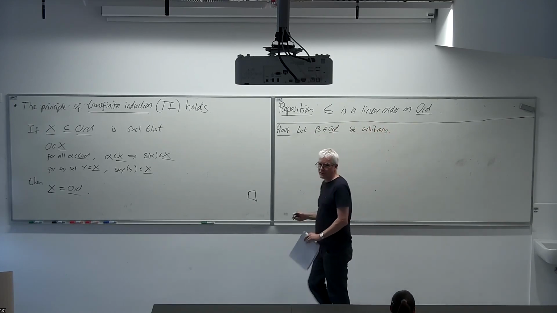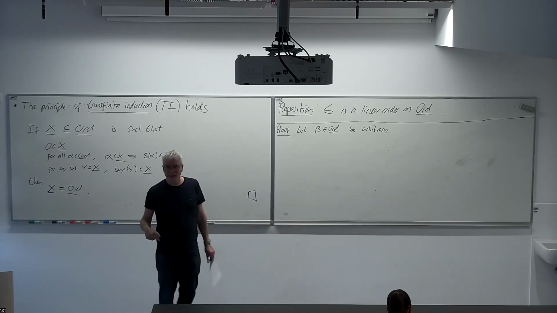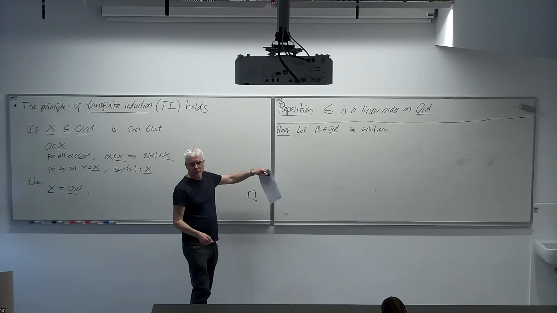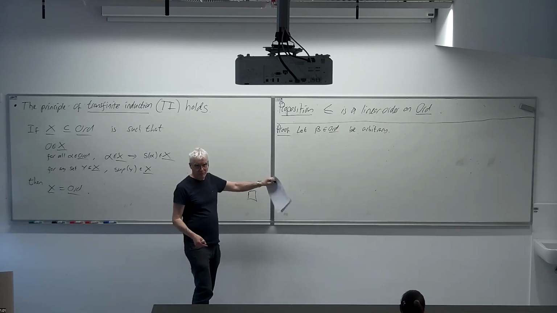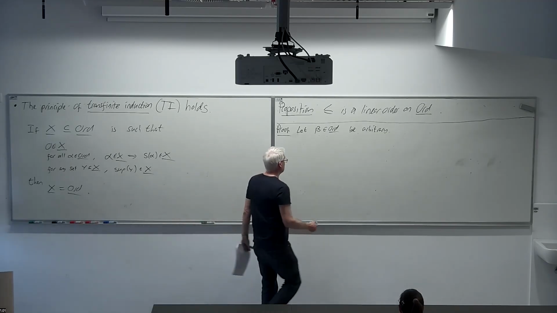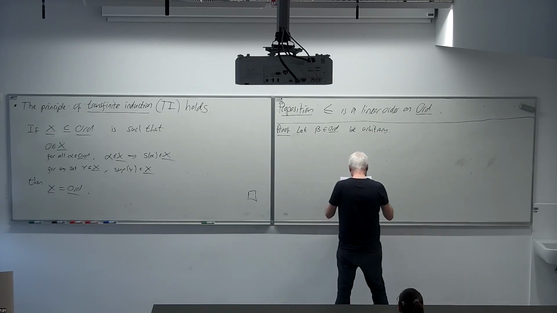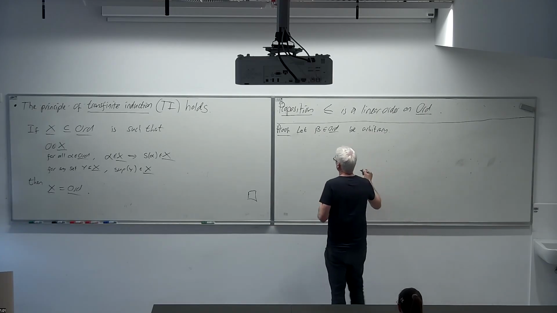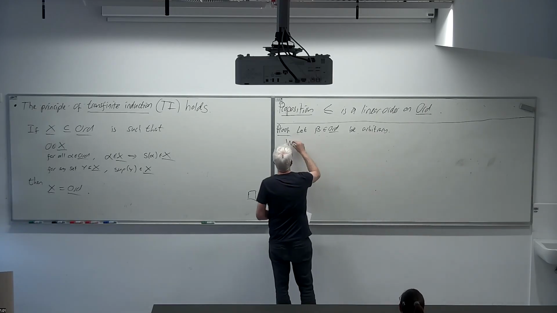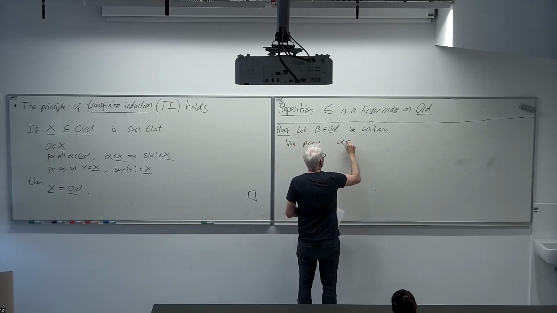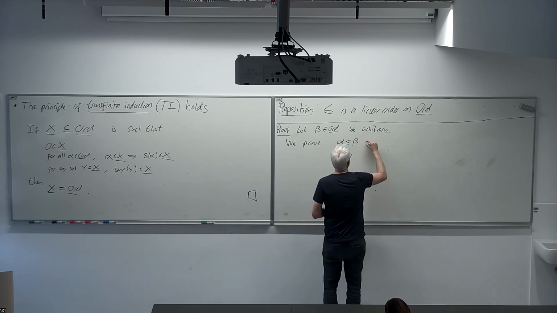We're going to prove by transfinite induction on alpha that the linearity property holds with respect to alpha and beta, namely either alpha is less than or equal to beta, or beta is less than or equal to alpha.